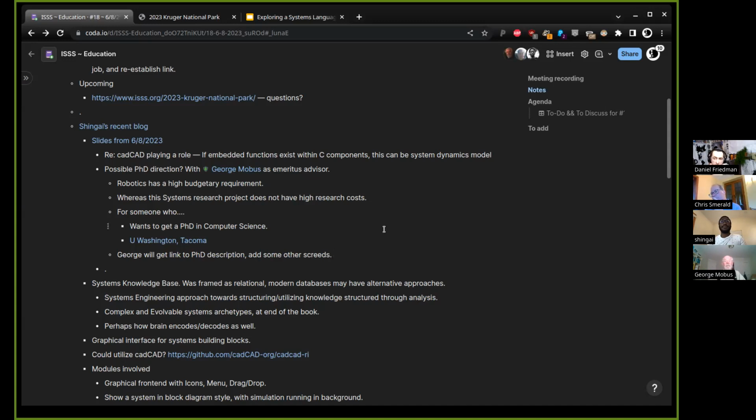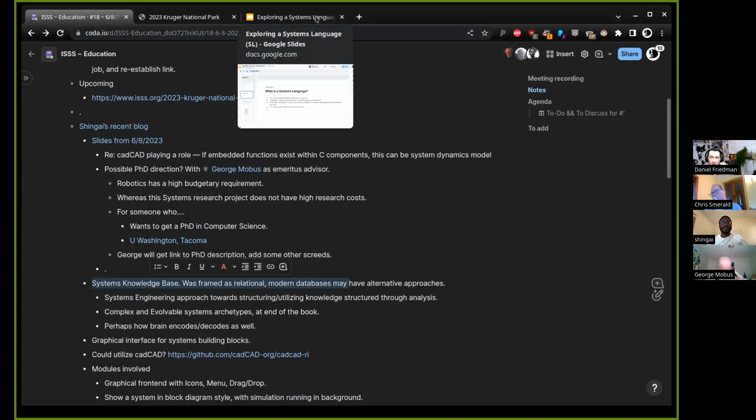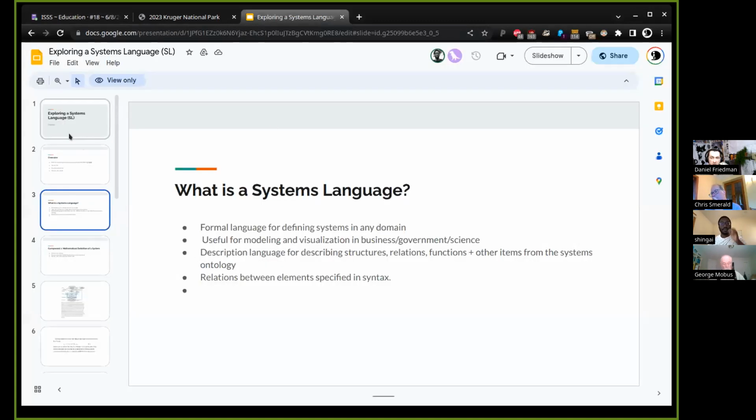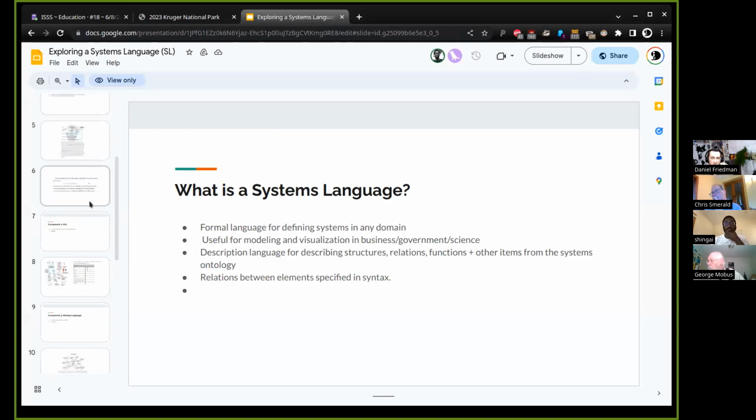That'd be awesome. Cool. Yeah, well, we can increment and start to develop this research agenda.